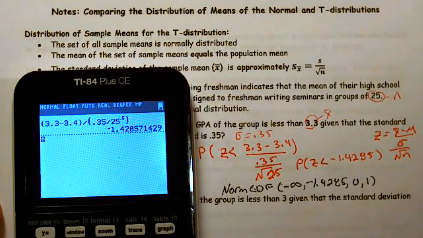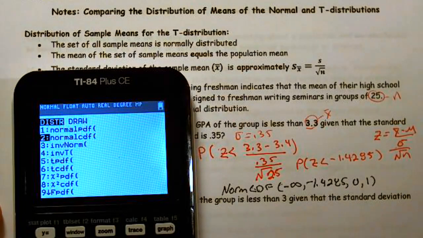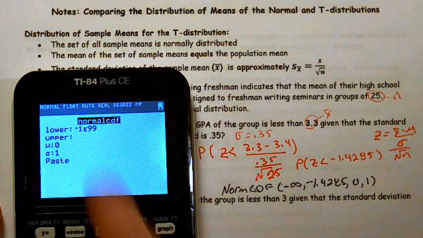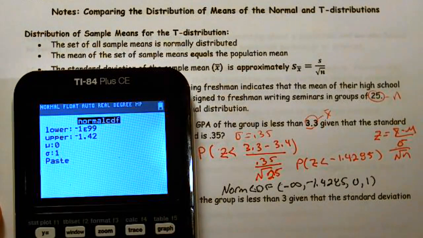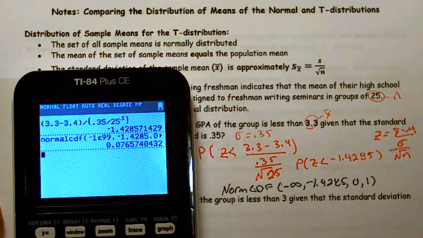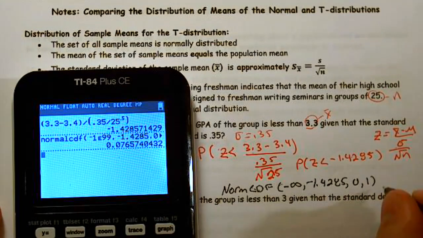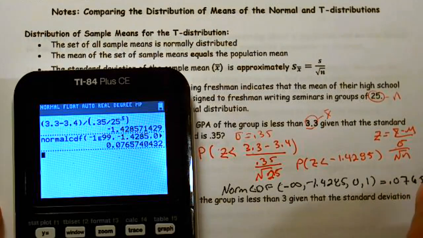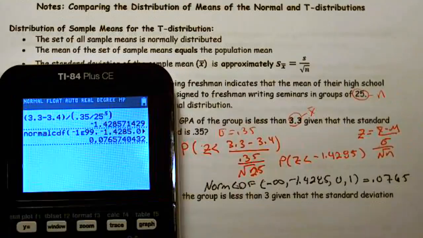So let's do this. Second vars, normal CDF, negative infinity. Upper bound, negative 1.4285. Mean of 0, standard deviation 1. And we end up getting a probability equal to 0.0765. All right, so we get a probability of 0.0765.